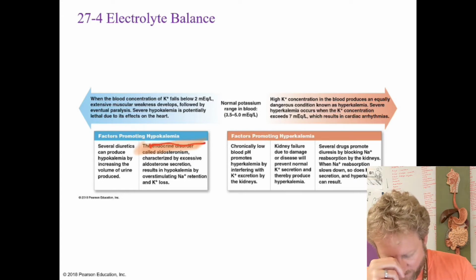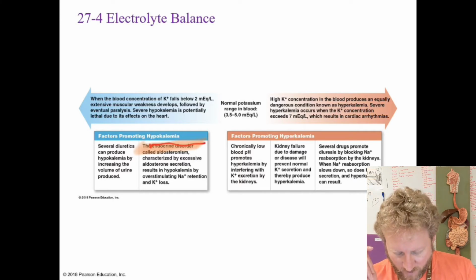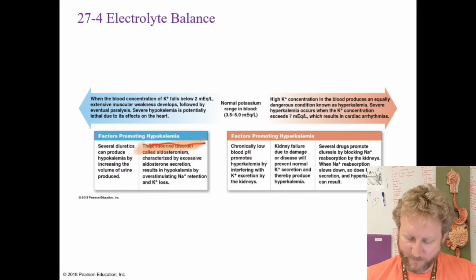Hyperkalemia is too much potassium in the bloodstream, which can lead to cardiac arrhythmias.